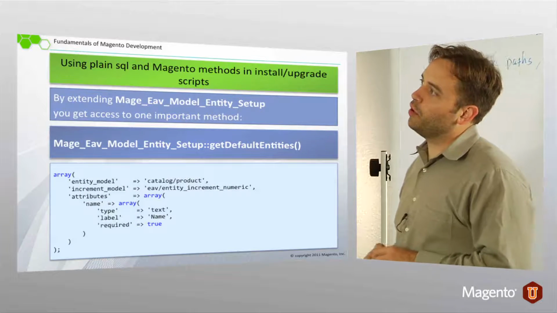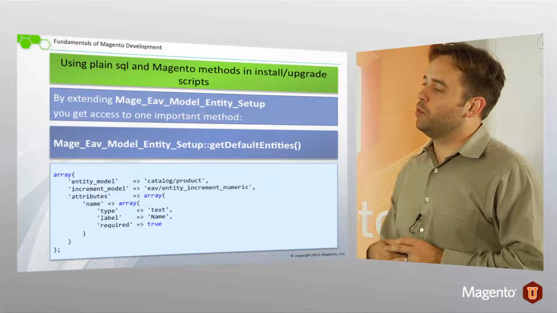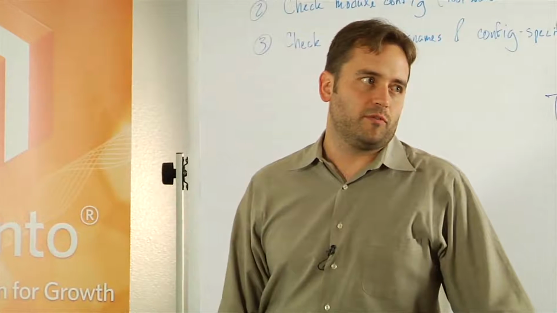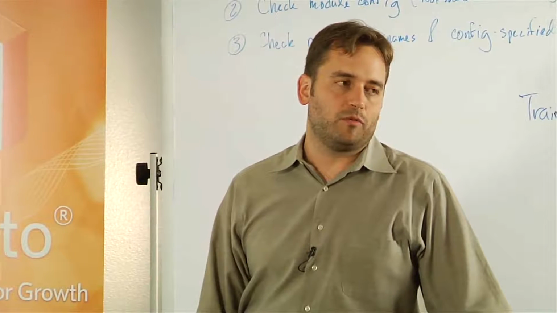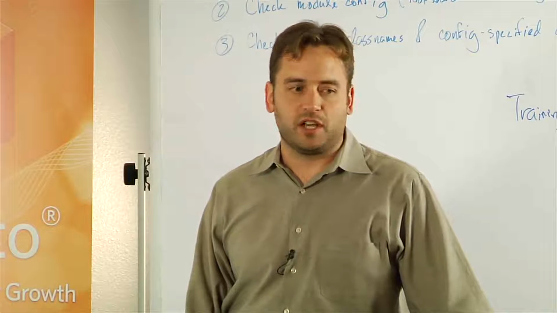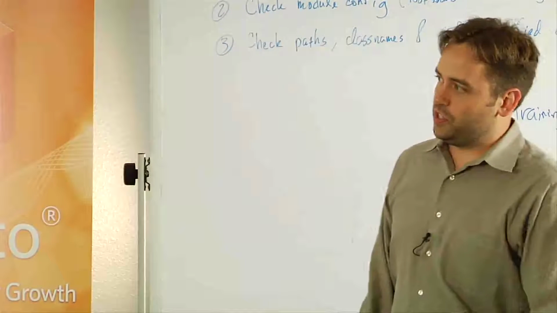Now, for EAV entities, we'll want to extend from Mage EAV model entity setup, because that will give us access to get default entities. Here we can set up our attributes for our entity. We'll be looking at this as part of the exercise.